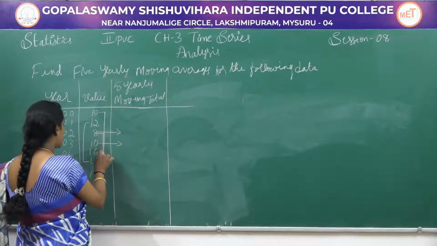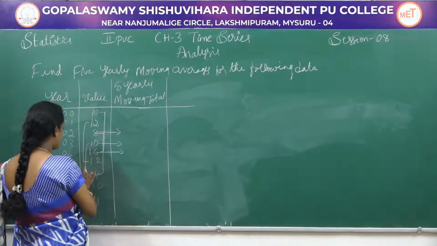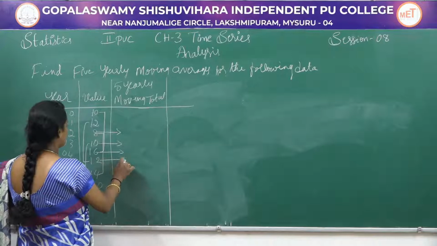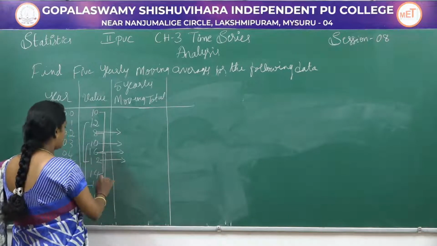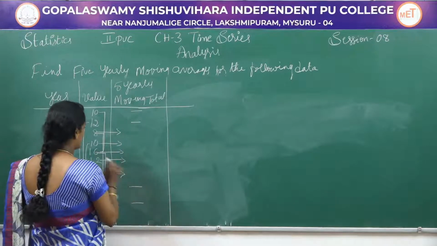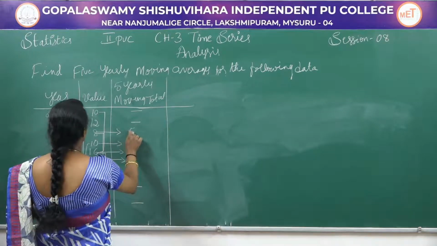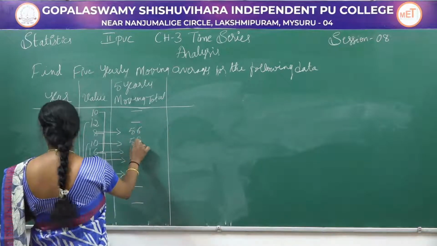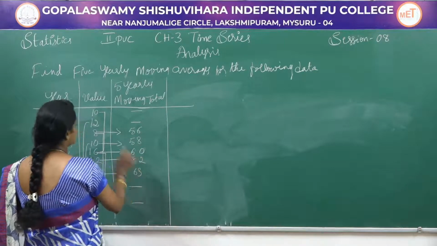From third, it is 5 with position. Then fourth to 5 with position, and at last 5 with position. The first 2 and the last 2 will be blank. Now it is easy to add the numbers. It is 56, 58, 60, 62, 63.